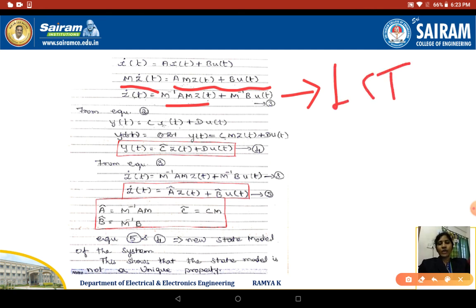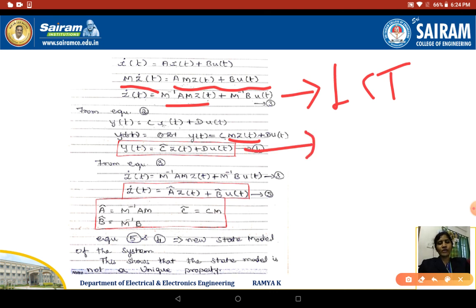Whereas for the output equation, we know the ordinary output equation is y of t equals Cx of t plus Du of t. Replace x of t with M into z. When you replace, you get the modified output equation as C M z of t plus Du of t.